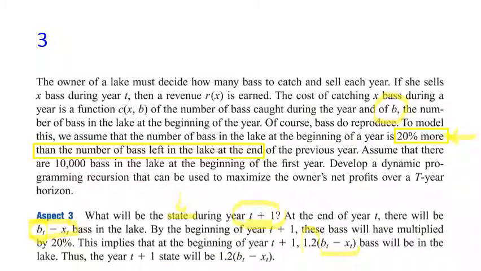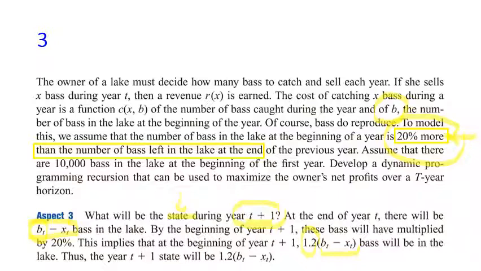Remember that 20% more means your fish is multiplied by 1.2, not by 0.2, because the existing fish are still there and then you get 20% more.